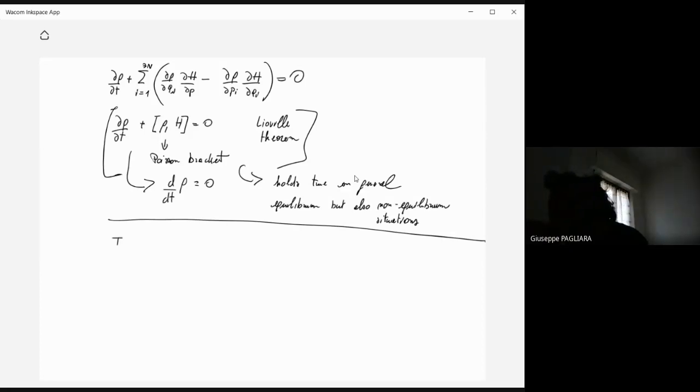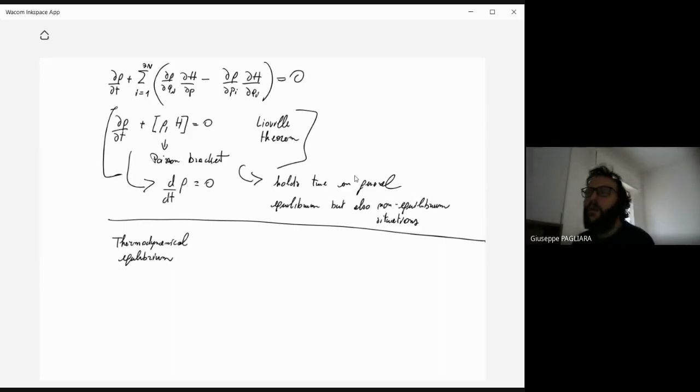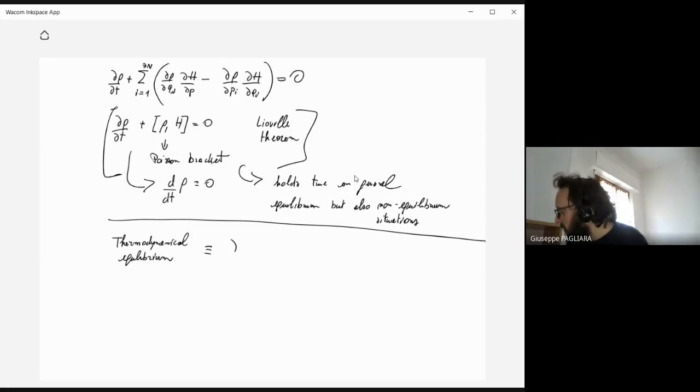Now, thermodynamical equilibrium for us in this context is always characterized by the fact that our system, although it has a microscopic dynamics, on the macroscopic point of view is stationary. So thermodynamical equilibrium means, in the context of ensemble theory, that the partial derivative of rho with respect to time is equal to 0.